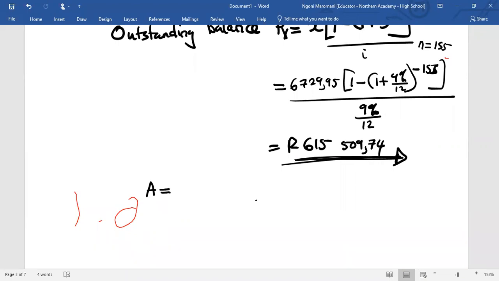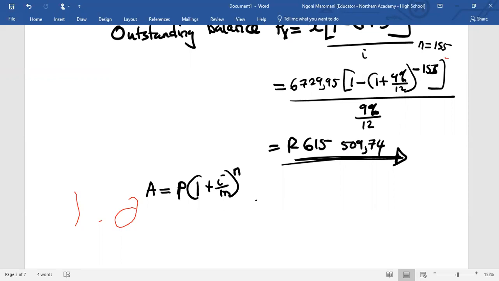Which is saying what? A equals P into 1 plus I over M to the power of N, where N is the number of months. Are we getting that?